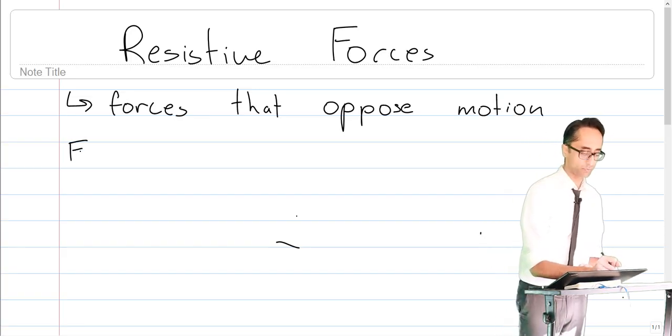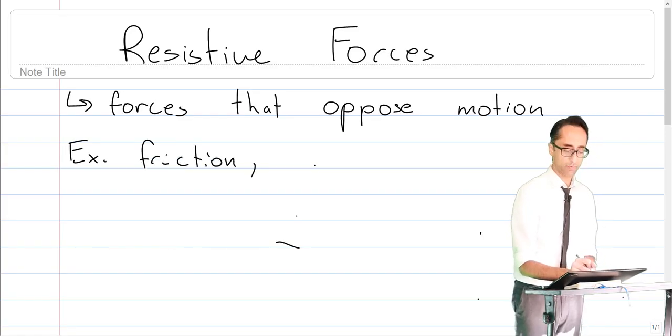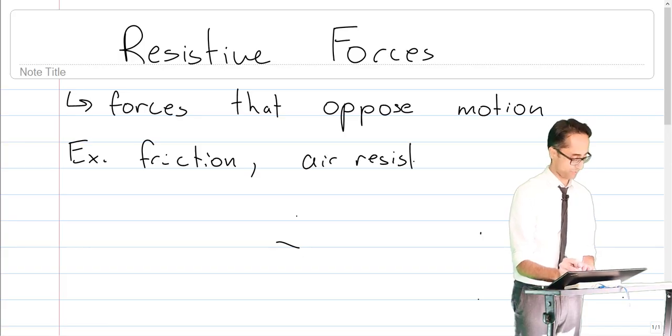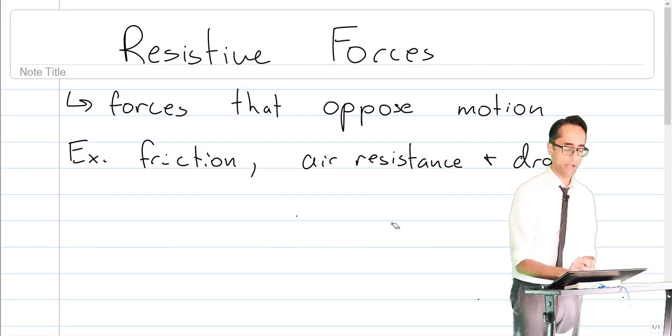And so the examples we had come up with were friction and air resistance, also commonly referred to as drag. We can think of others as well, but that'll do for now.